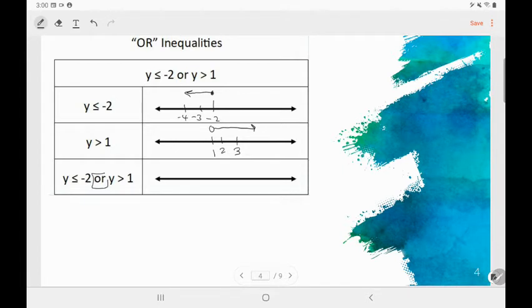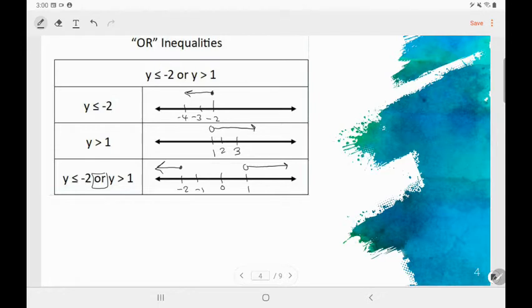Now if I'm looking at the word "or," that means I'm not looking for them to both, I don't have to meet both rules. If I put them both on my number line, negative 2 and 1, okay, there's negative 1 and there's 0, I notice here's 1 greater than 1 and here is less than or equal to negative 2. I see that there is no number that meets both requirements, but that's okay.